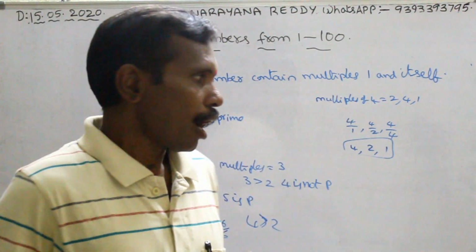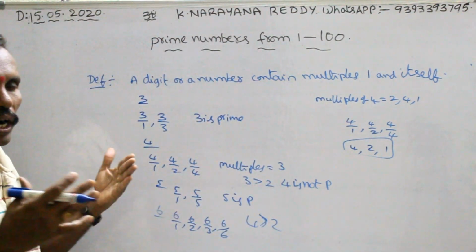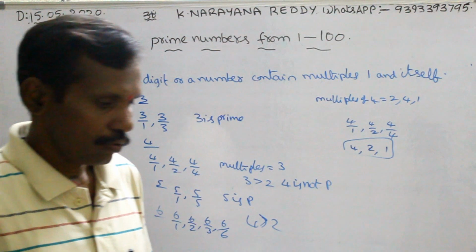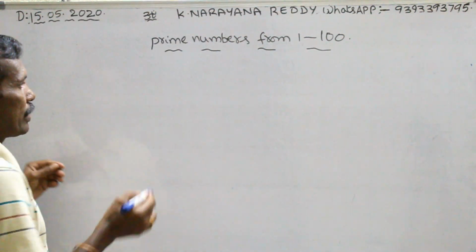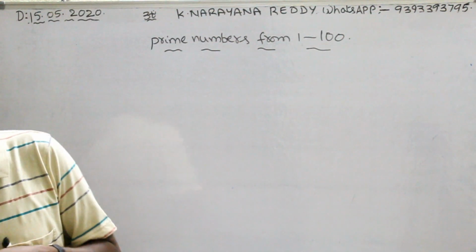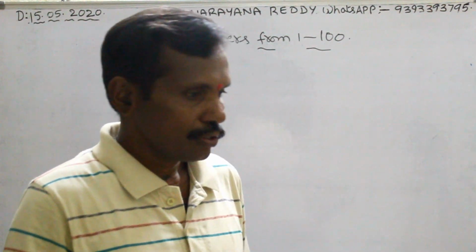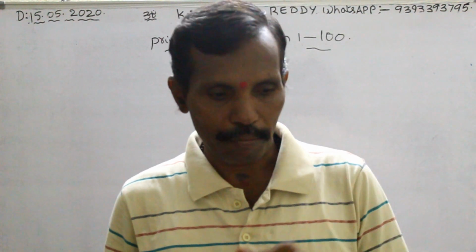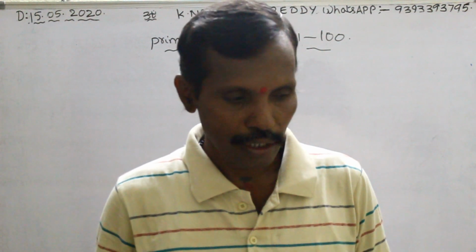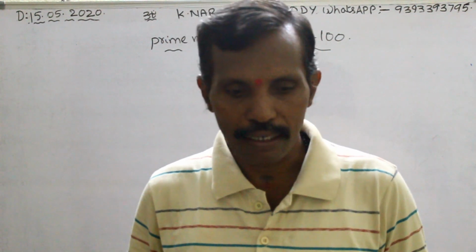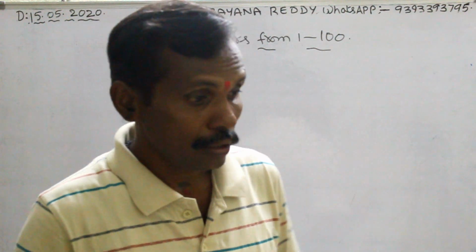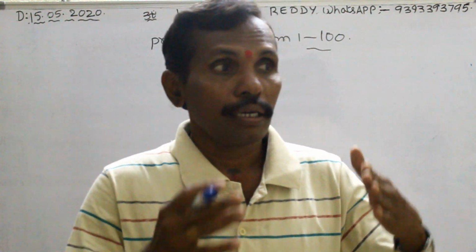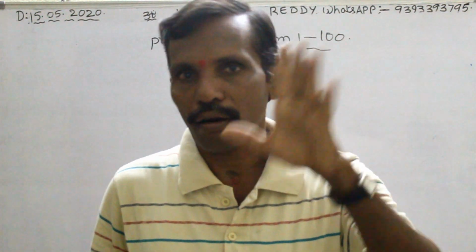Okay. So in this way you can identify whether each and every number is prime or not. How to find the prime numbers from 1 to 100? It is easy to find. First of all, we want to know that 1 is not prime, and 2 is the least prime. For our consideration there are only even and odd numbers.